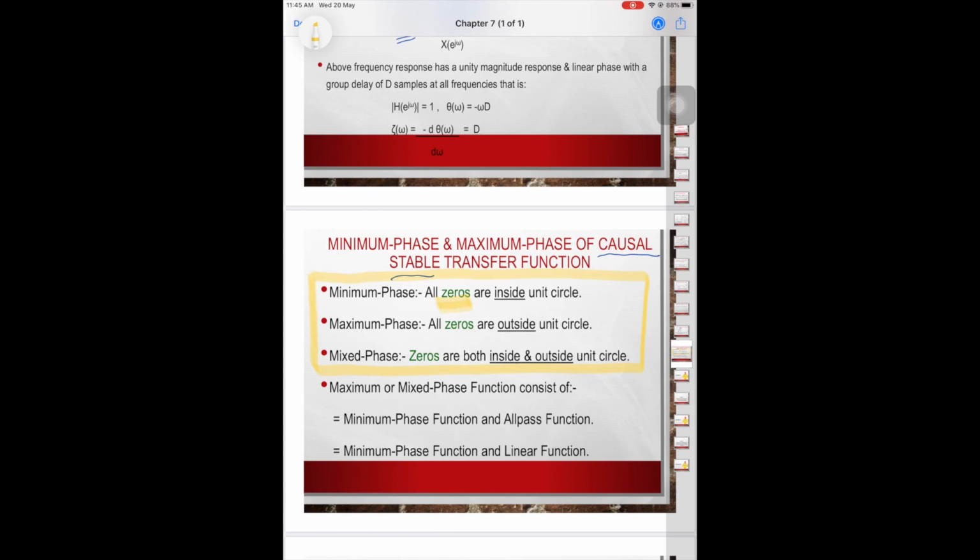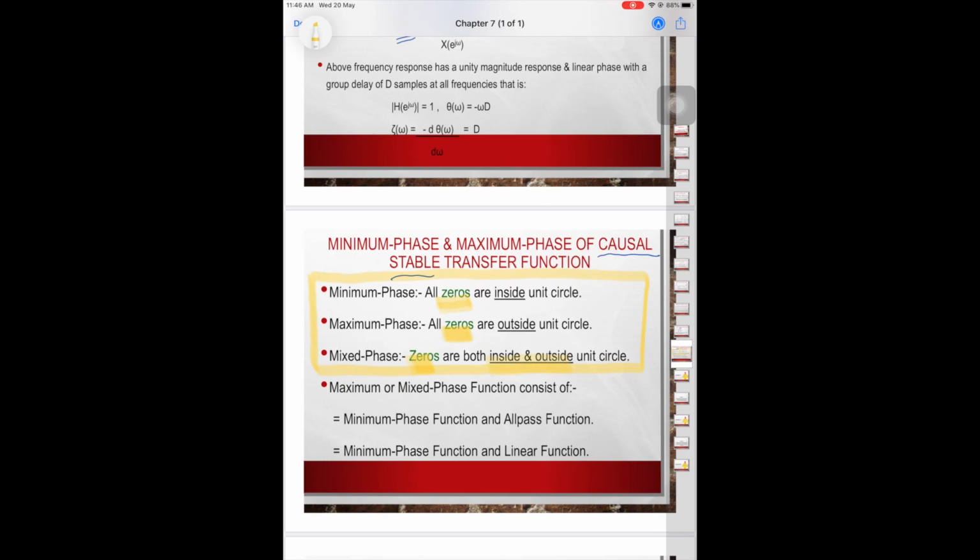Maximum phase means all zeros are outside the unit circle, meaning all zeros values are greater than 1. But if there are zeros both inside and outside the unit circle, for example a zero at 0.5 and another at 2, it is considered a mid-phase system.